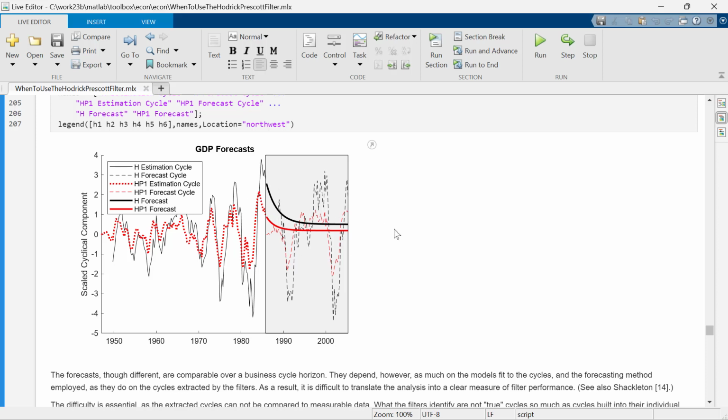There are different ways for forecasting. So depending on the model you use and depending on the forecast method, each of these cycles will produce different forecasts. So it's not as simple as one cycle being better than the other. They're different, and it's really going to be up to the researcher looking closely at the data to make a determination about which of these cycles to use.